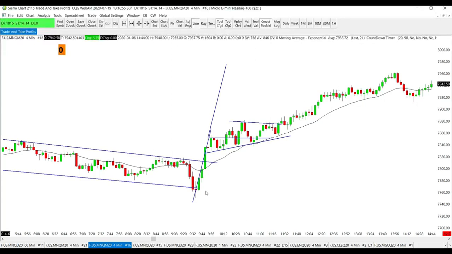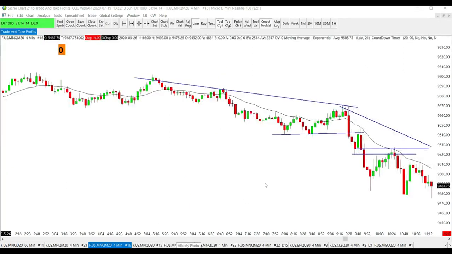So let's go to the next way you can actually hold your winners longer. Here's another way to hold your winners longer. Before I even get into that, guys, usually when I hold my winners for a 2-to-1, 3-to-1, 4-to-1, it's that first push of the day, right?